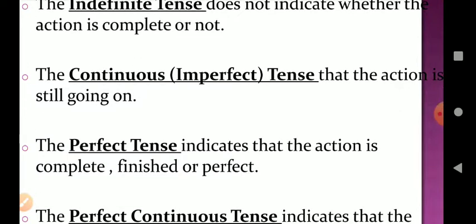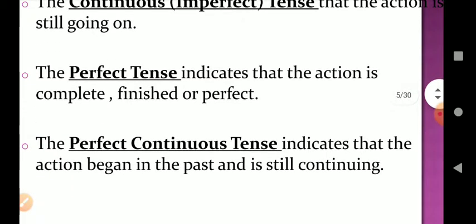Second is continuous tense. Continuous tense shows that the action is still going on, means it is continuing. The perfect tense indicates that the action is completed, finished, or perfect. And last, perfect continuous tense shows that the action began in the past and is still continuing.